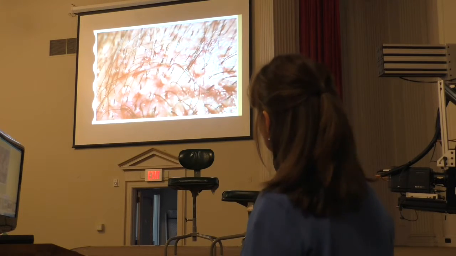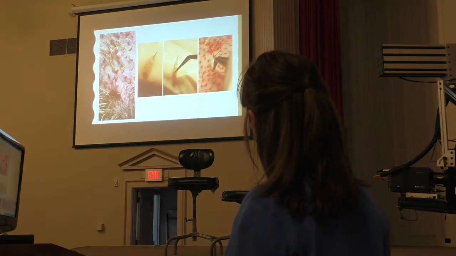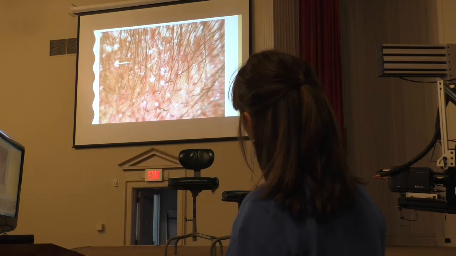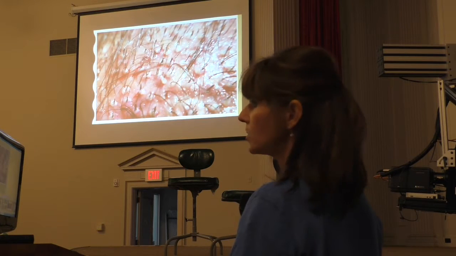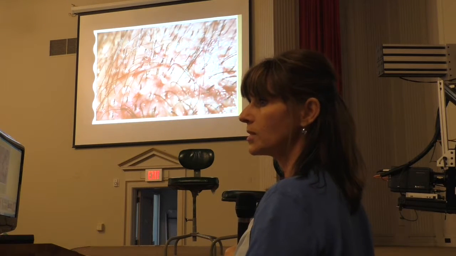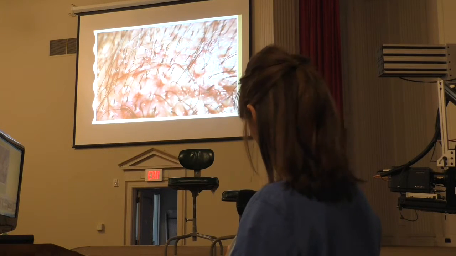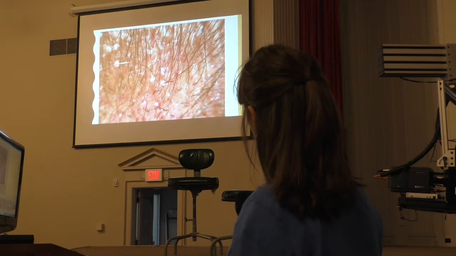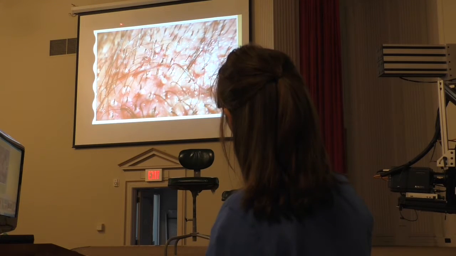FUE grafts, what is different is you see them, they're more round. Okay, so these are not obviously round, right? See how these are round? Because they're cut with the same instrument. Can you see that? It's subtle. So these are all round.